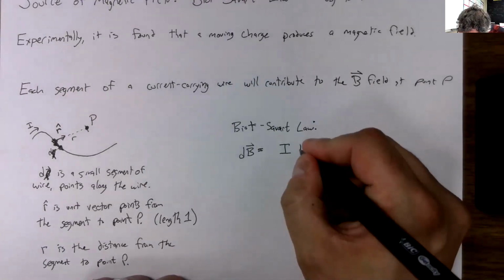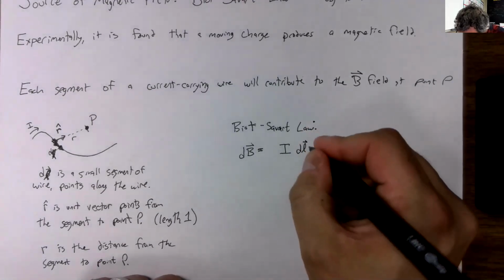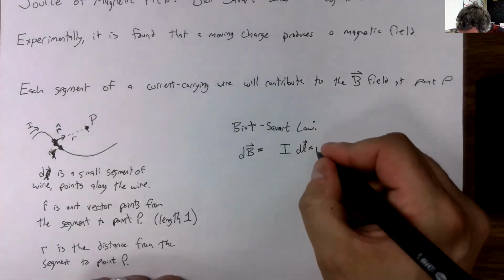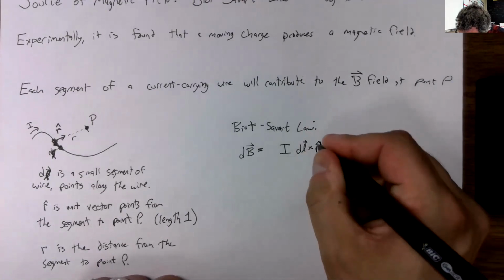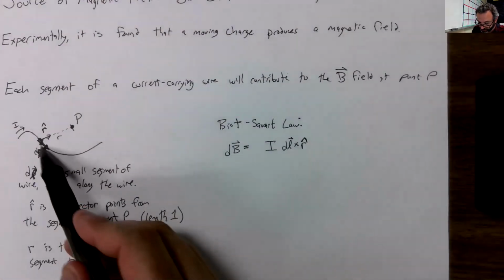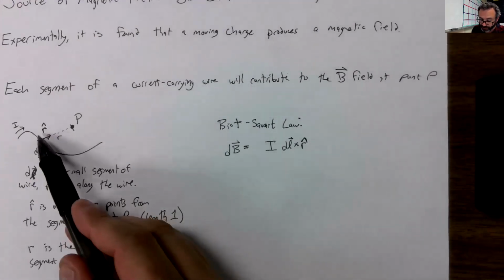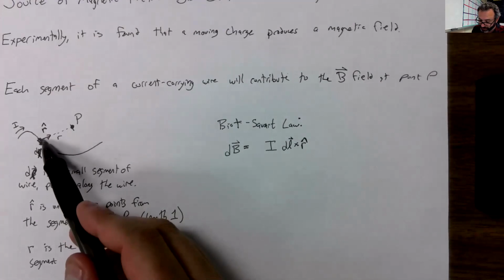Then we've got this dL cross r hat. So we're taking the cross product of this element here, dL, with this direction r hat, right?